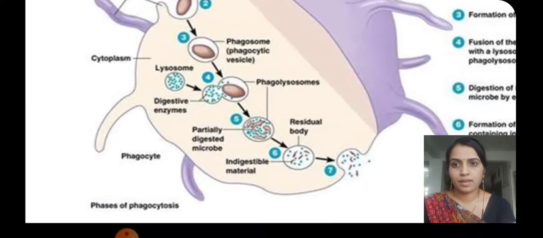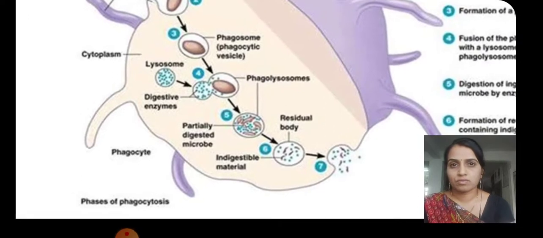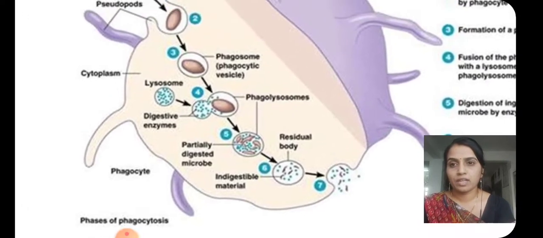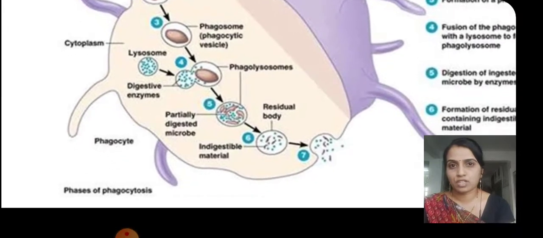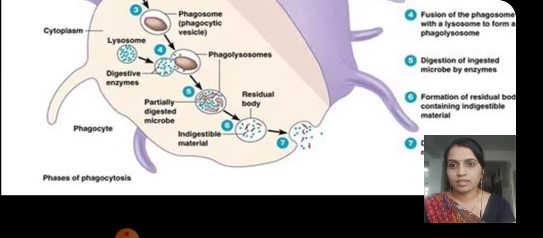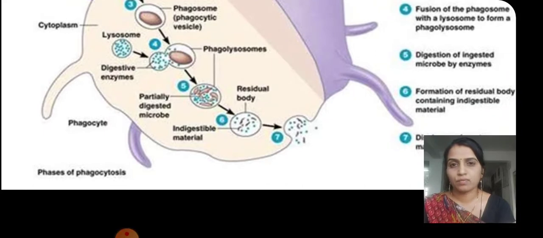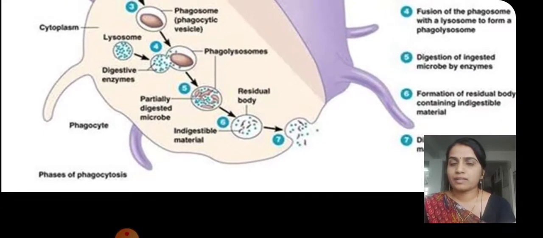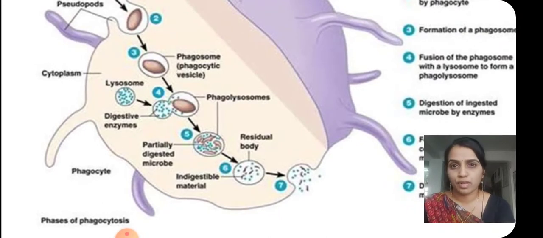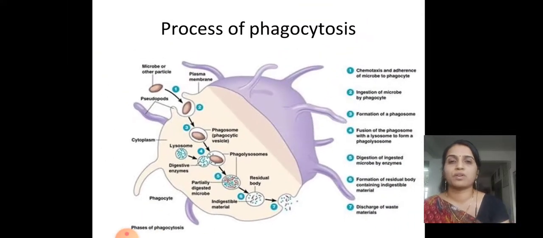That digestive enzyme combines with the foreign body and partially digests the microorganism, and the residual body of the microorganism is thrown out so that it is no more harmful. Previously it was harmful, and after the digestive enzymes break it down, the residue left is not severe or dangerous for the body. This way the process of phagocytosis takes place by the phagocytes.